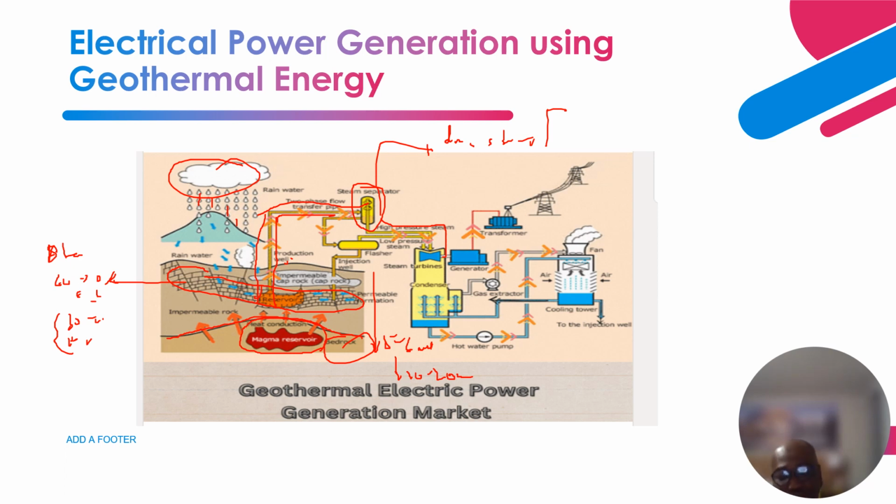Because the steam is drier, right? So it rises up and flows into this piping into the high pressure section. On the other hand, the low pressure steam has some wetness in it, right? Like I told you, the steam that is coming from beneath the surface has some dryness and also has some wetness in it. It is not pure dry steam, right? So it has to go through a steam separator to separate the dry steam and the wet steam.